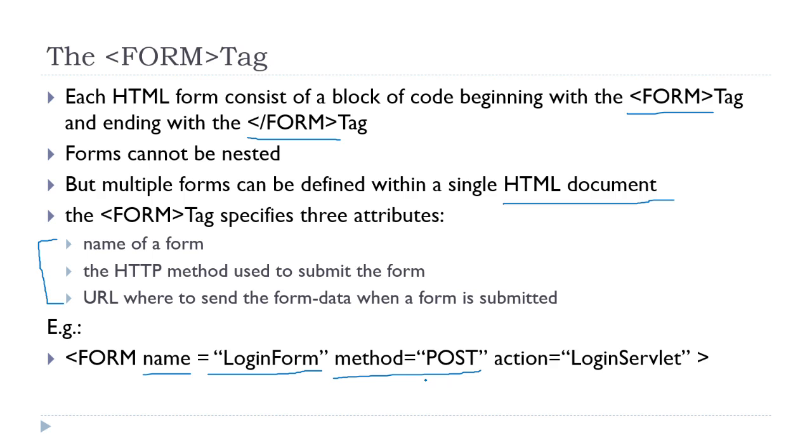If the method here is get, then the values will be submitted in a get request. That is, the values will be appended in the URL and then sent to the server. And if it is a post request, then the values will be appended in the body of the content of the request, and then it will be passed on to the server.